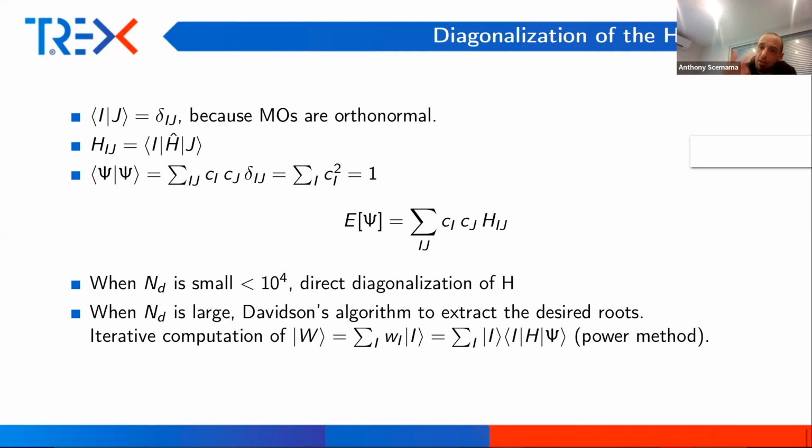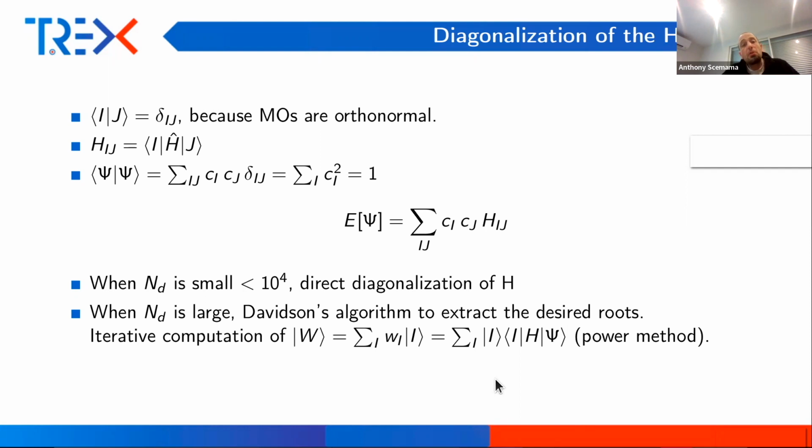So we'll do H applied to psi, and we will project the result in the basis of Slater determinants. That will be this vector W. And then we apply H on W. It will give you a W prime, and then you apply H iteratively like this. Always you apply H on the same vector, and then you will converge to the eigenstate of H.